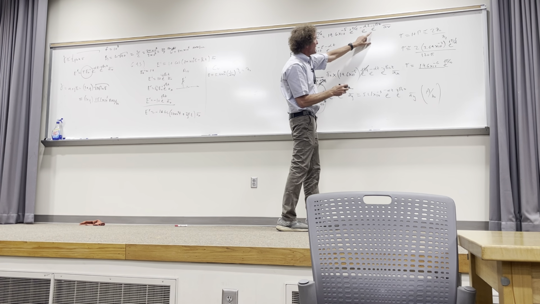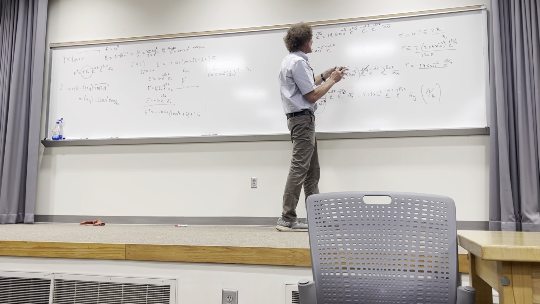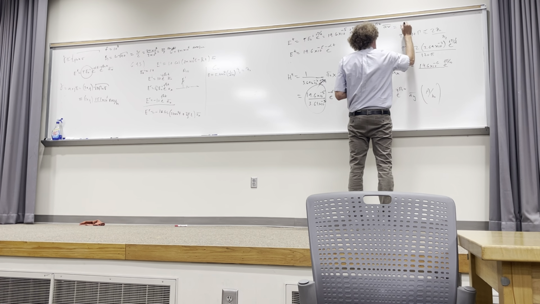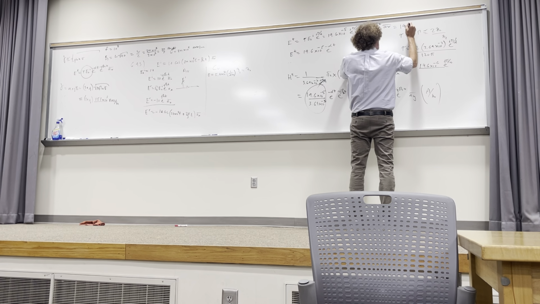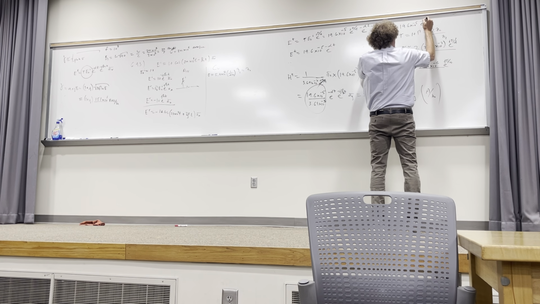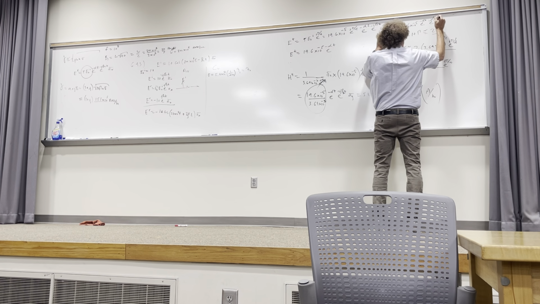I want to get it into this thing so I can get a beta in here. So if I wanted that, I'd have to rewrite this as 19.6 times 10 to the minus 5th times e to the minus alpha z, and then it would be e to the minus j quantity beta z, right?